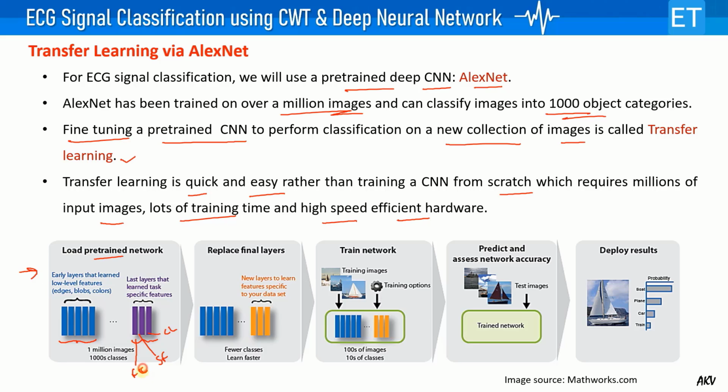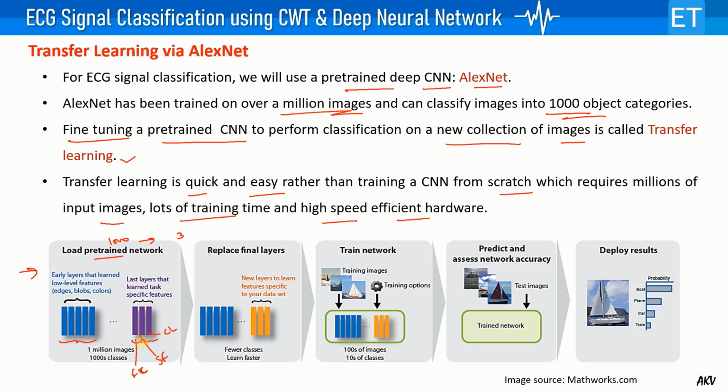We change these because, for example, AlexNet is trained for 1,000 different objects, but for our current problem the total number of classification objects is 3. I mean, you have to distinguish only 3 types of signals.